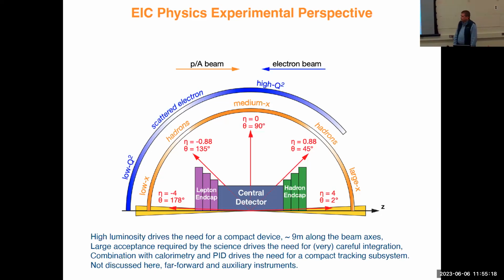What I've maybe not discussed so much is that one of the distinguishing features of this type of experiment compared to an experiment like CFNS or ATLAS is its longitudinal size. It's very compact, which comes with the additional challenges of integration. And the combination of calorimeter and PID, typically taking a fair bit of space, actually drives the need for a very compact tracking subsystem.